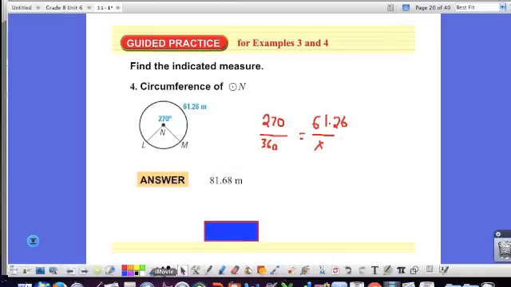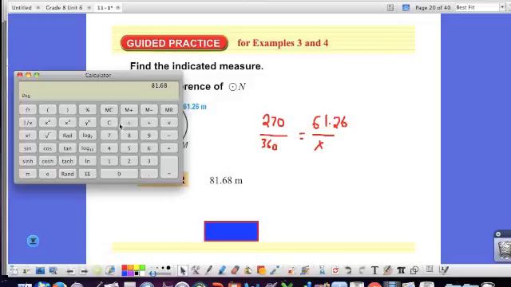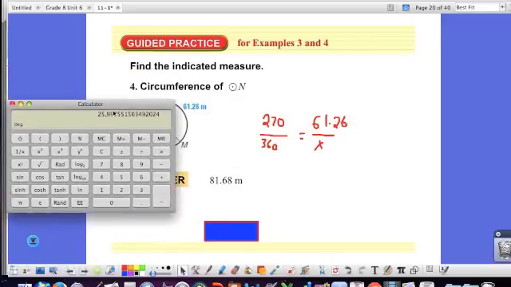If I wanted to find the radius, 81.68 divided by 3.14 equals about 25.99 for my diameter, and divided by 2, that's going to be my radius.